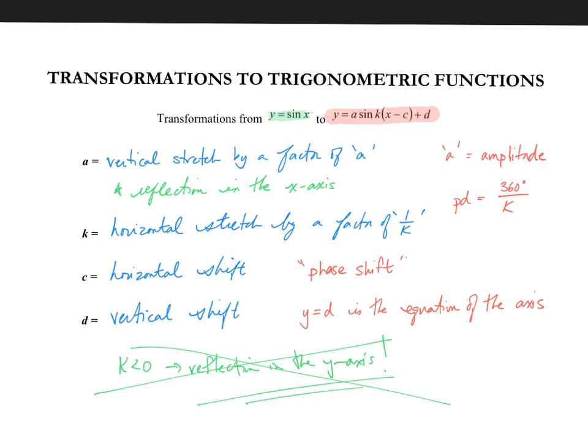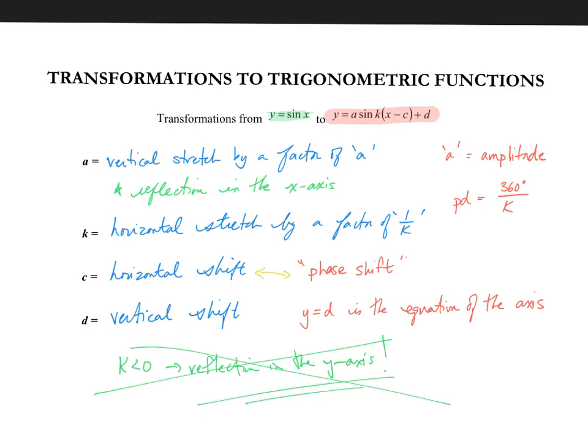Everything that we see in blue and green we should be good with. But where I want you to focus now is what you see in red. In last lesson, as we worked our way through some stretches, we were able to nail down the idea that our A value represents the amplitude of our function. We have our best friend in our relationship that period is equal to 360 over K. You'll then notice that with trig curves, we have some different terminology.